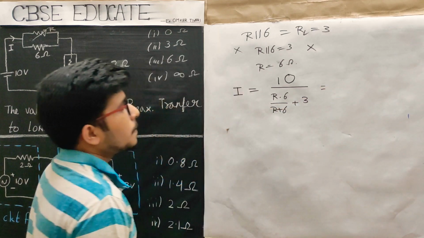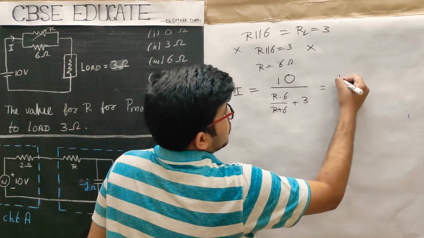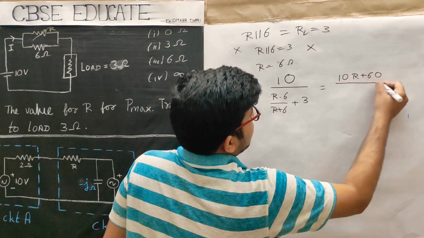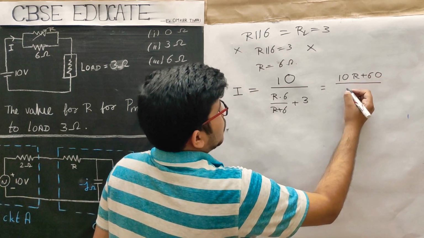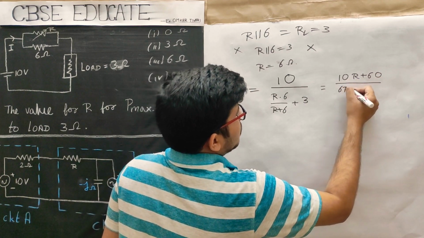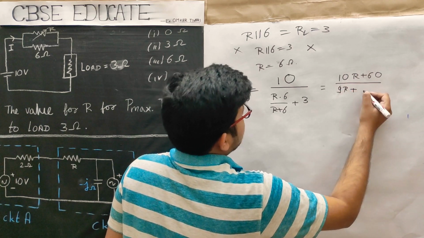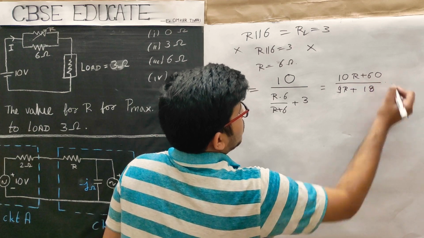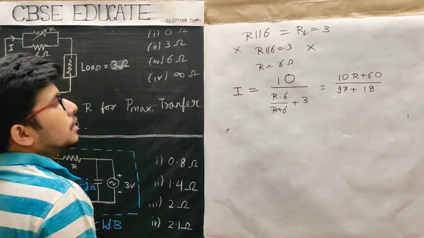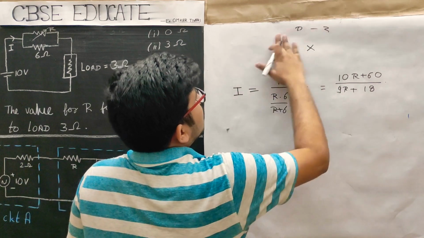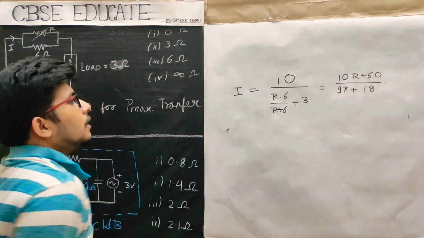So this is equal to 10R plus 60 divided by, no sorry, it will be 9R plus 18. This will be I. And this procedure was wrong, so I will remove this.